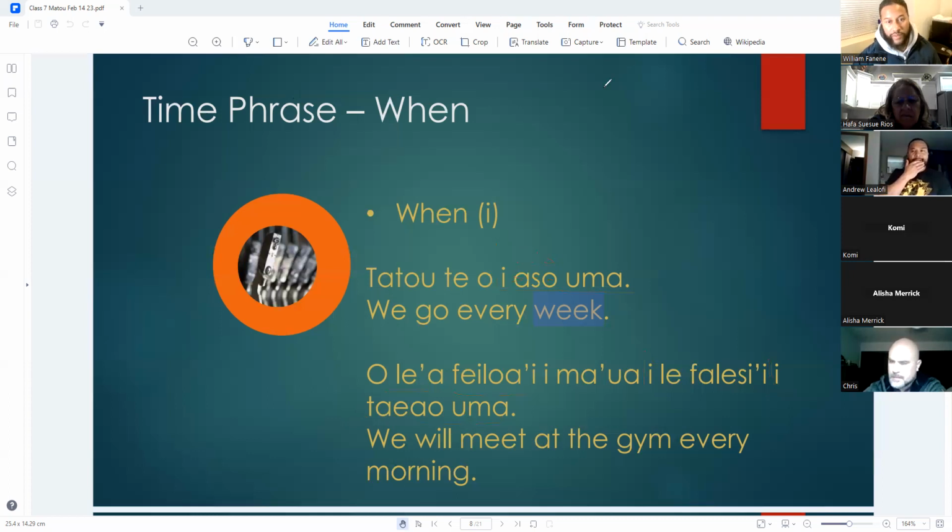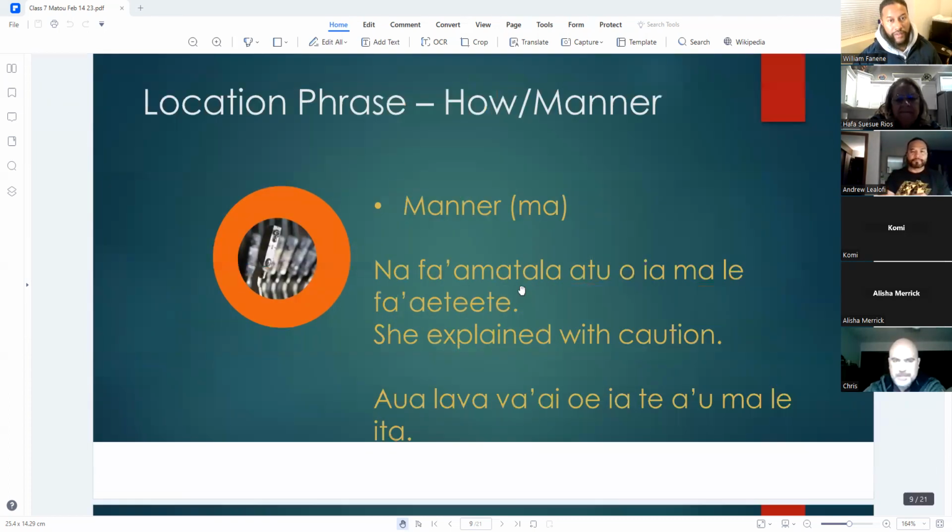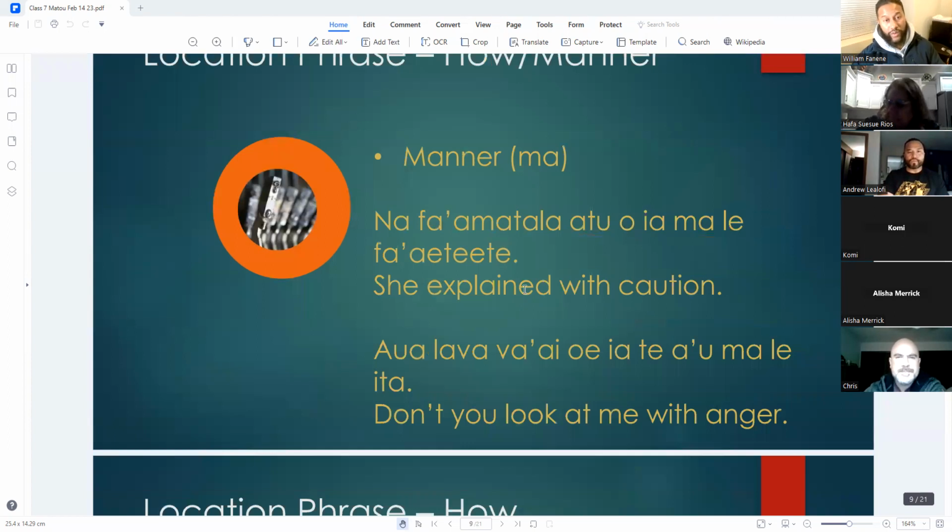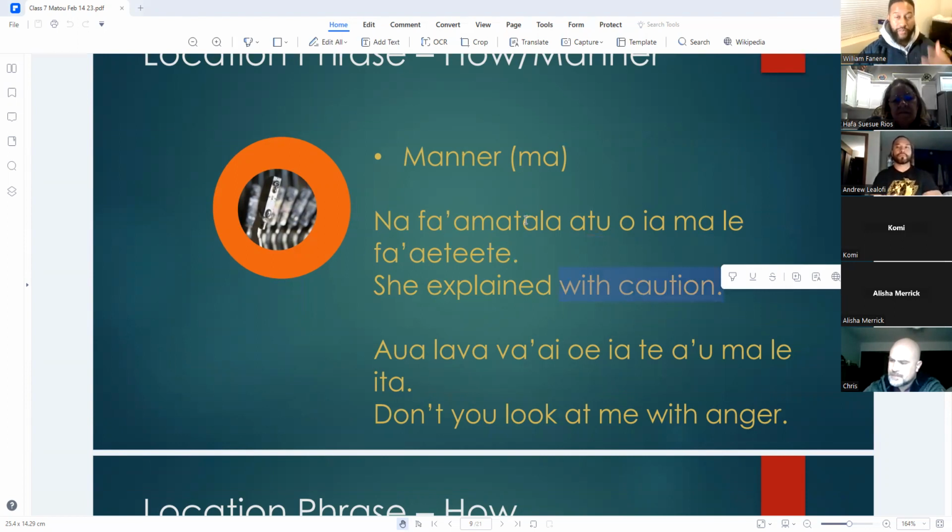Okay, I probably should move a little faster. The manner in which something is done. So she explained with caution. So this is what we're focusing on right here. So with caution. Fatmatala means to explain. And if I fatmatala atu, I'm not sure if we got to atu and mai, but atu is like going out. The action goes out. Mai is coming towards you. So if na fatmatala atu, so explained, okay, and then who explained?